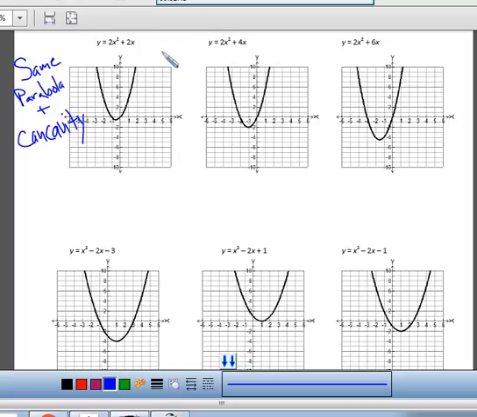All three have different axis of symmetry and vertex.